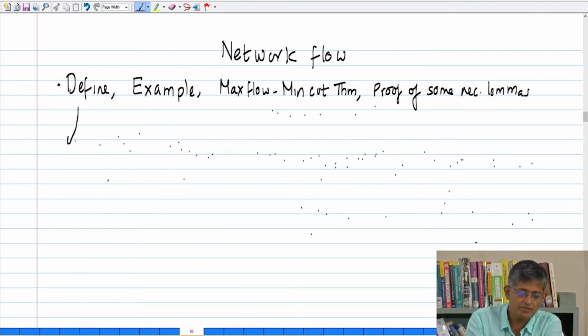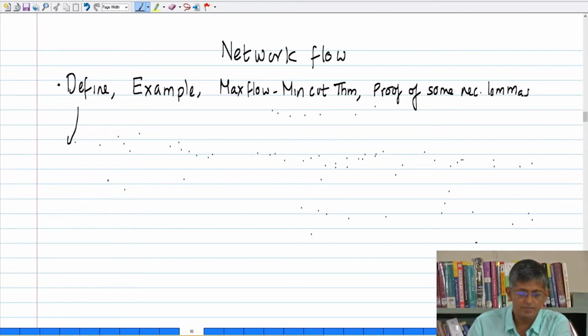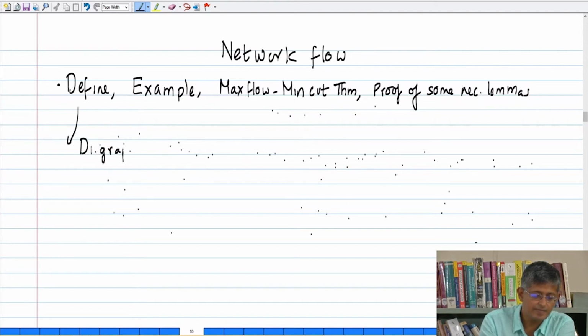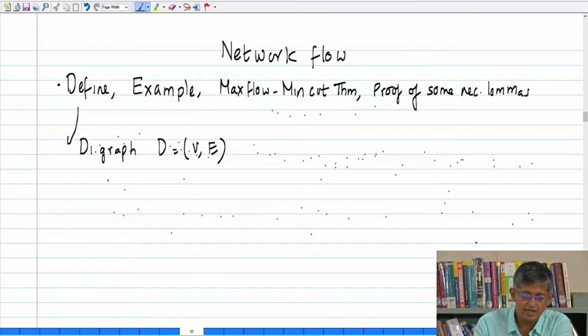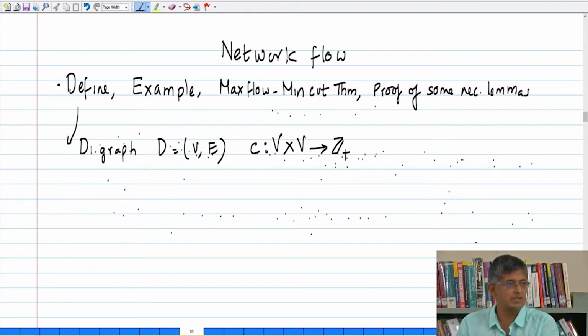As far as the definition of a network flow goes, what we need is a directed graph D = (V, E), and there is a capacity function, which is defined for every pair of vertices. For the purposes of this discussion, let us assume these are non-negative integers.